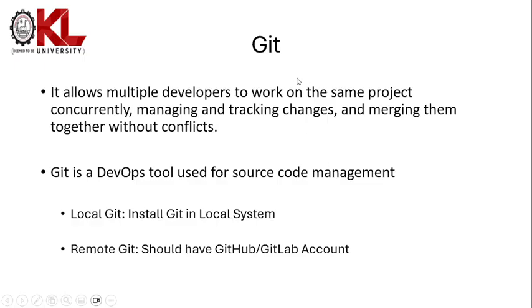For this Git purpose, GitHub is one of the web-based platforms to host and manage the Git repository. It enables developers to store, share, collaborate, and deploy code online using the Git repository. It is like a social network for code.